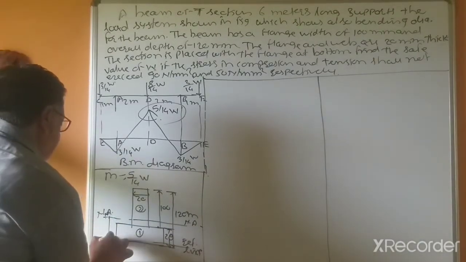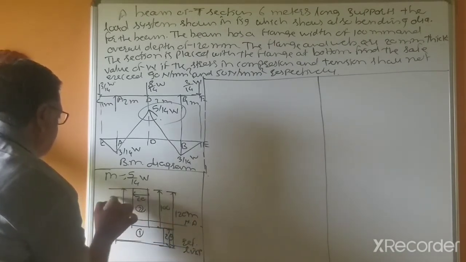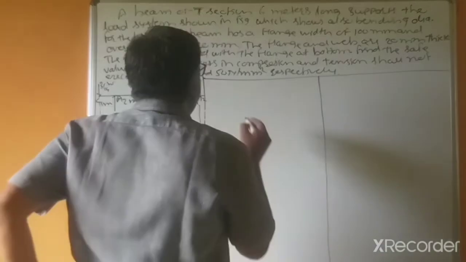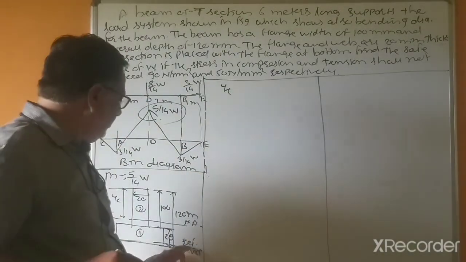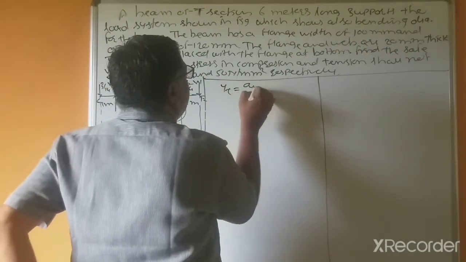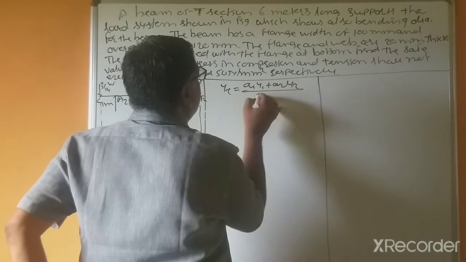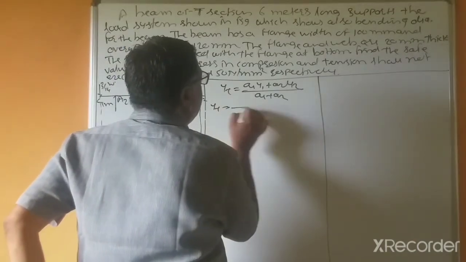So this is an inverted T section, this is YT, and this is YC. Because we are considering a reference line at the bottom, YT equal to, directly you can write a1 y1 plus a2 y2 divided by a1 plus a2.